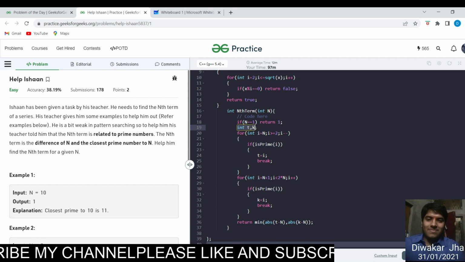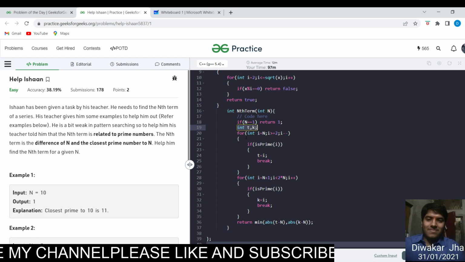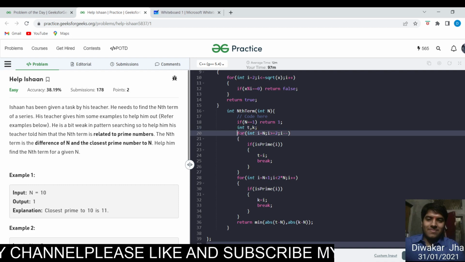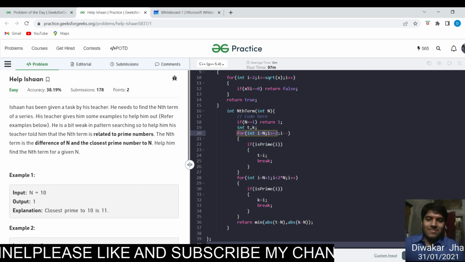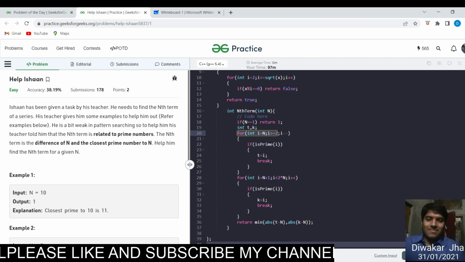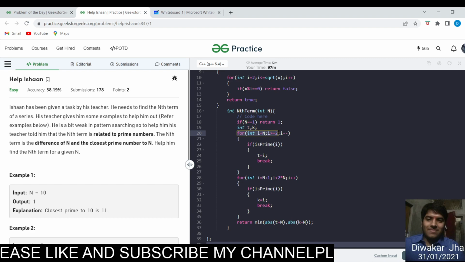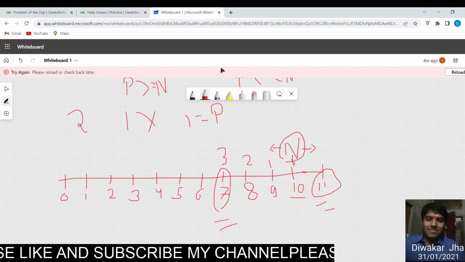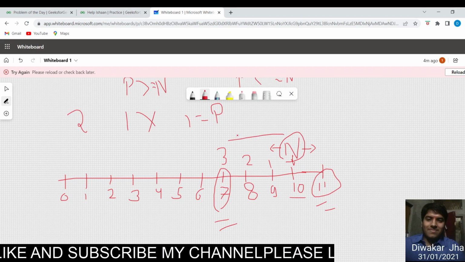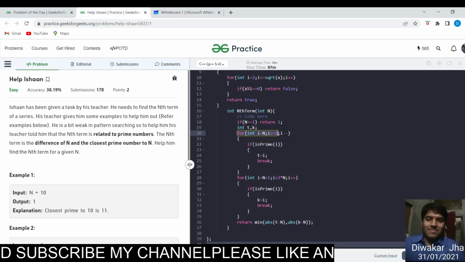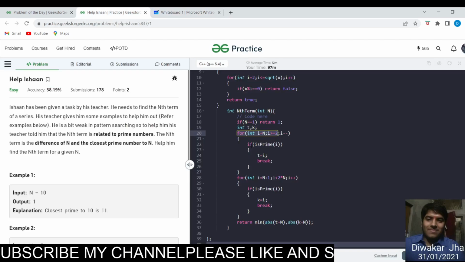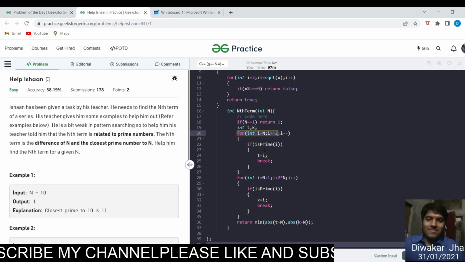So we will take two variables, t and k. And we will run a for loop from the backside, into the left side, and each and every time check whether it is a prime number.